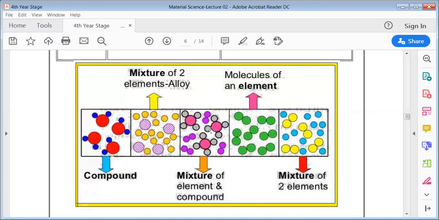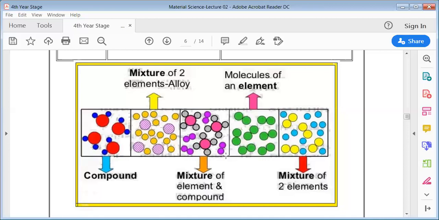Look at this one. You have this atom combined with four atoms, so that's definitely a compound. This one, this atom is combined with this atom, but they are the same type, so this is an element. This is not a compound, it's an element because the two are identical. So we have compound, element, compound, compound, element, element, element.